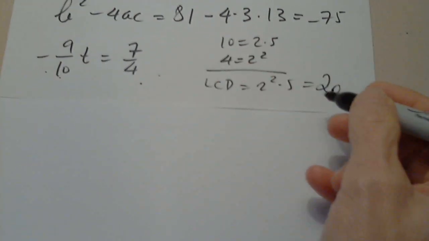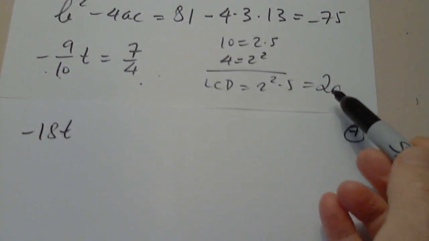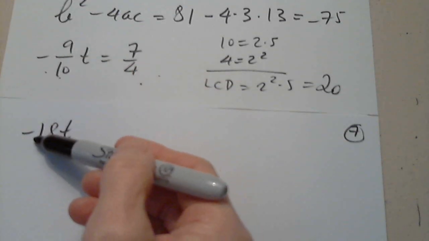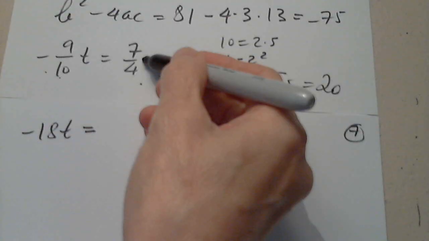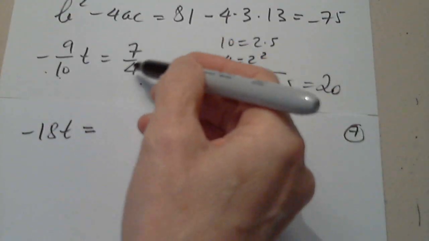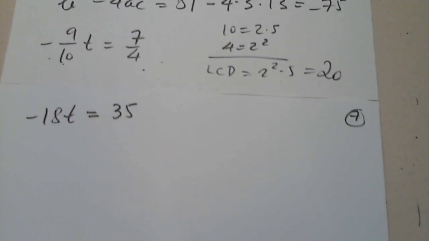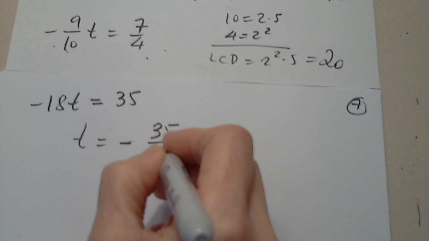So, multiplying this by 20 gives us negative 18t. How come? 20 divided by 10 is 2, but I have negative 9 multiplied by 2 is negative 18. Equals. When I multiply this side by 20, I have to simplify, and I get 5, which is 35. Final answer, t equals negative 35 over 18.